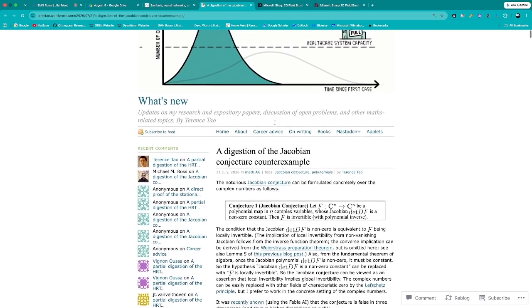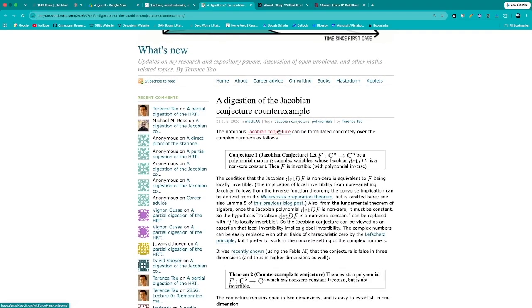So this is what they were talking about in the tweet. So the notorious Jacobian conjecture can be formulated concretely over the complex numbers as follows: the condition that the Jacobian is non-zero, or that df is non-zero, is equivalent to f being locally invertible.